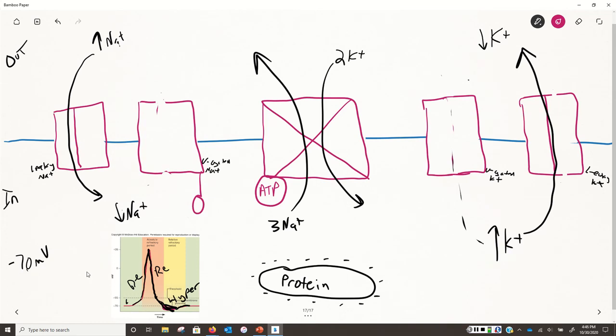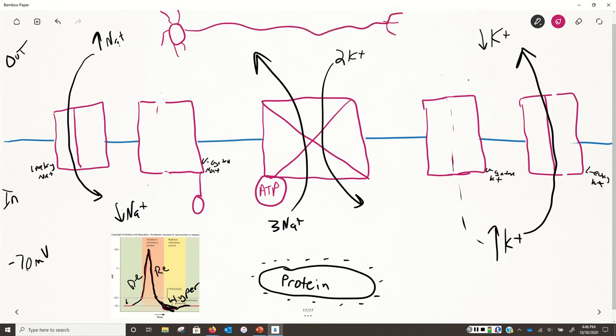Now, let's tie this into what happens next. Well, what we've drawn here actually happens thousands and thousands of times along the axon. Let's draw kind of a neuron up here at the top. Here's the soma, here's some dendrites, here's a long axon.